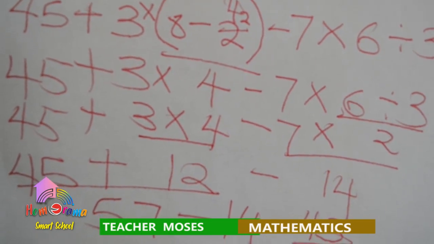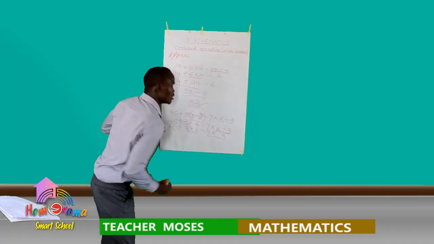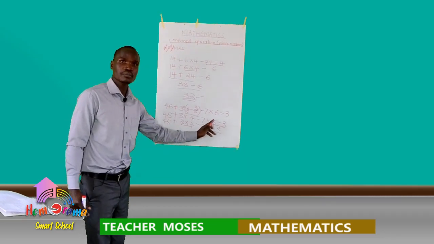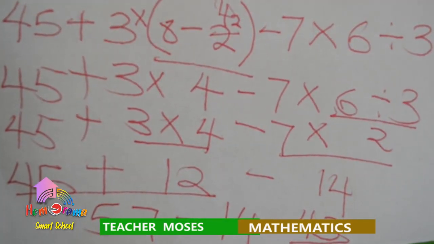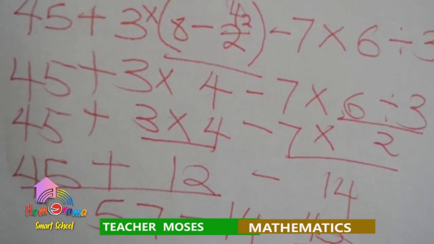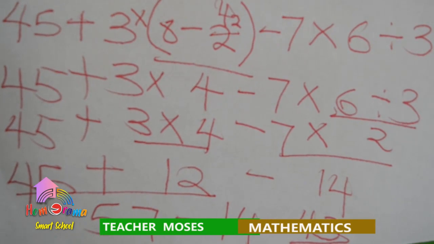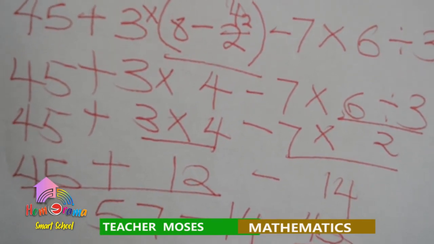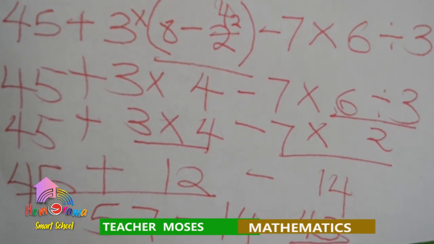So I will underline this as well as this, so that all of them are worked out at the same time. Therefore, we are going to have here 14, then minus. Here we are going to have 12, and then plus. Here we are going to have 45. So 45 plus 12 minus 14.